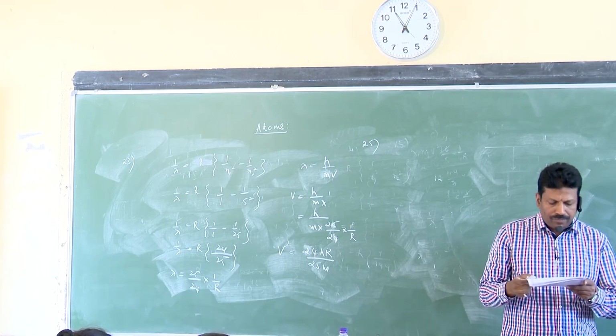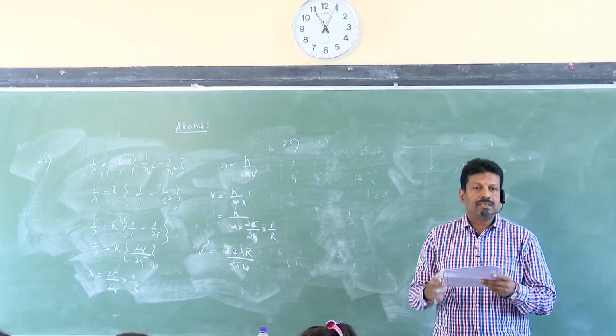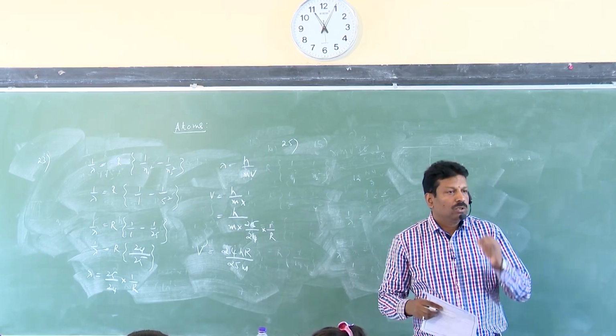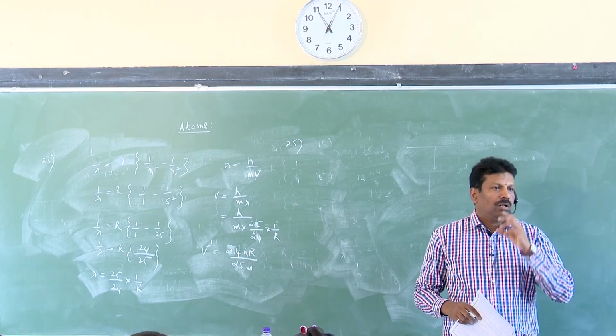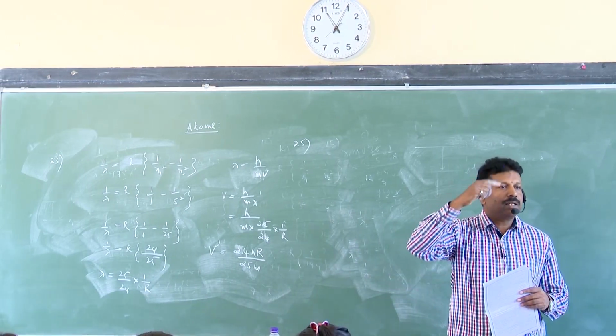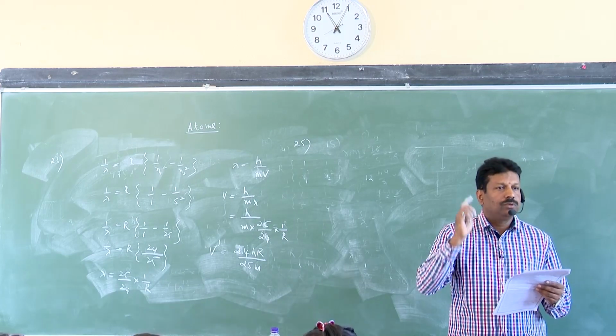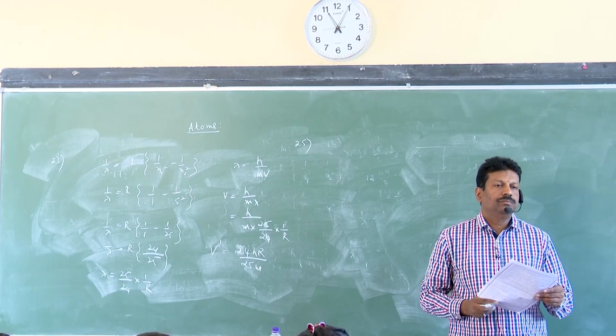Question number 25. Ionization potential of hydrogen atom is 13.6 electron volt. What is meant by ionization potential? Are you still writing that backside? Okay, listen here. What is meant by ionization potential?